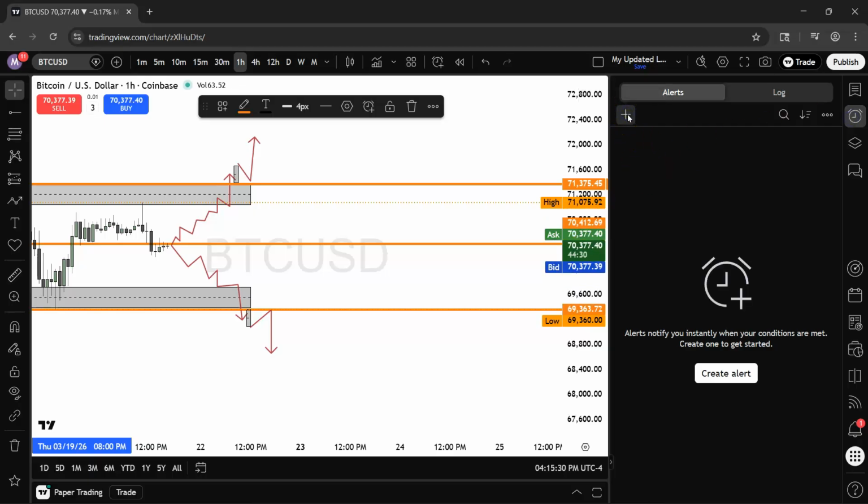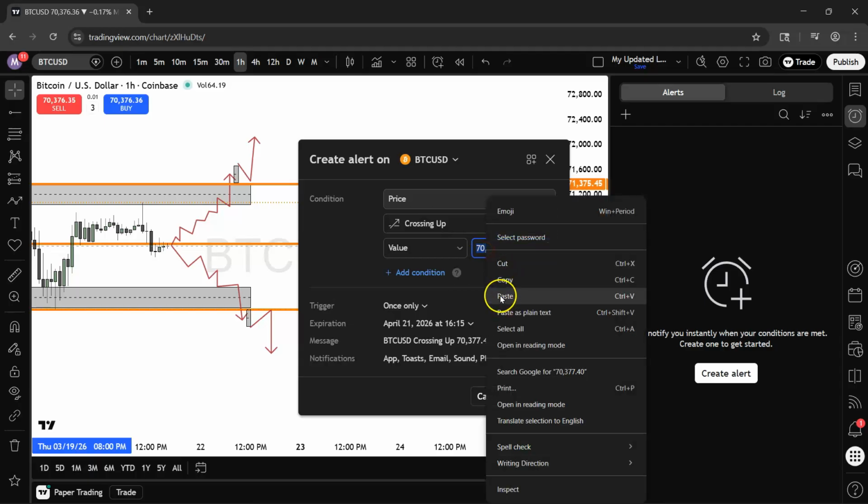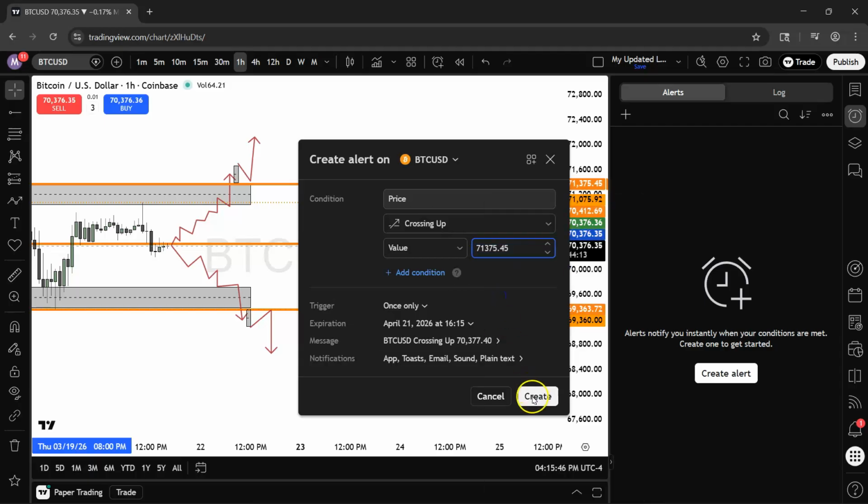Then you're going to add an alert to come back to the chart. Once the alert hits, crossing up above the line, you want to be notified. That way you can go about your day and not be in front of the charts all day.